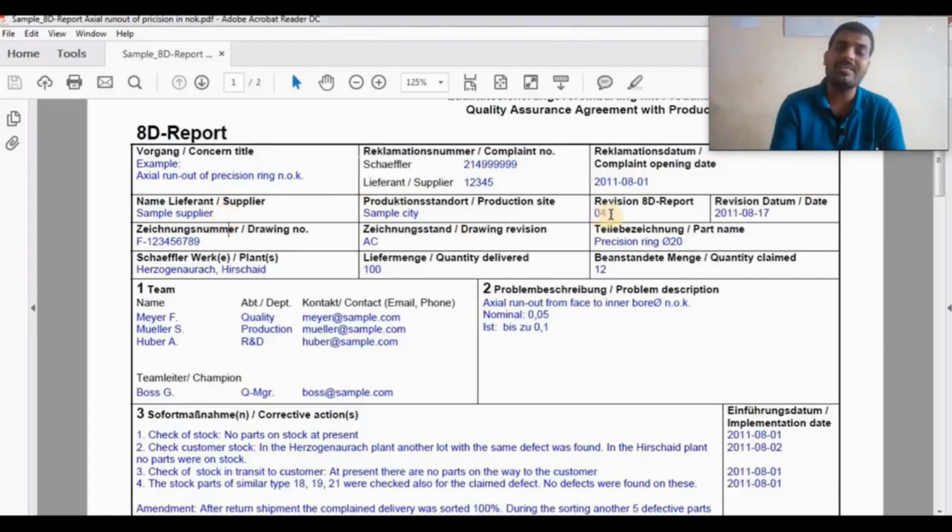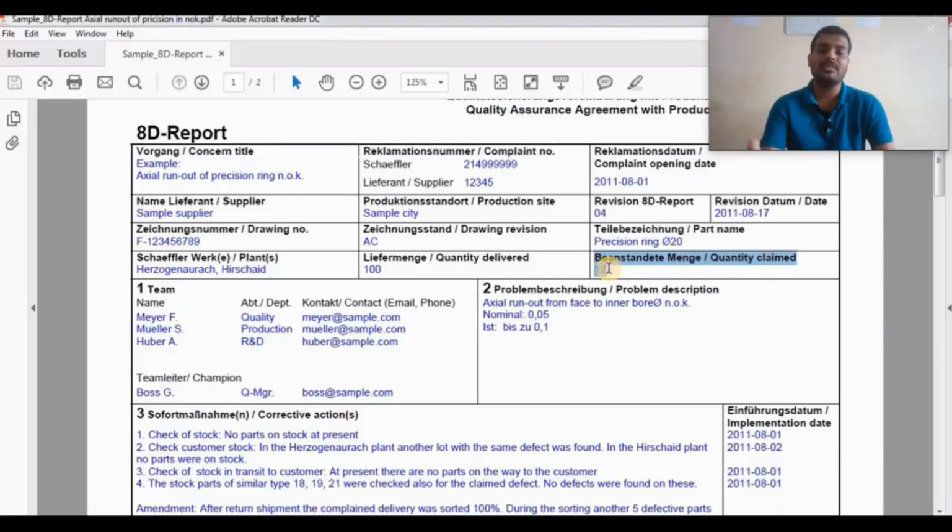Then you have to mention the drawing number of that product, or if any alteration is there, then you have to mention that alteration number. Then you should have the part name, as well as how many components were delivered, and out of that how many they are claiming as defective. So this primary knowledge you should have in the D0 phase, that is the planning phase.